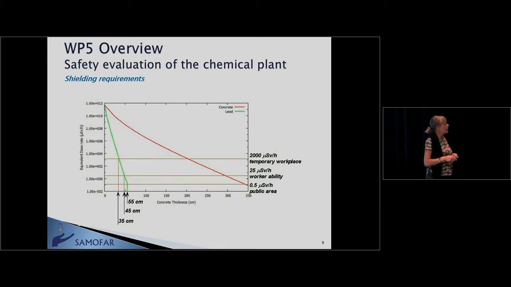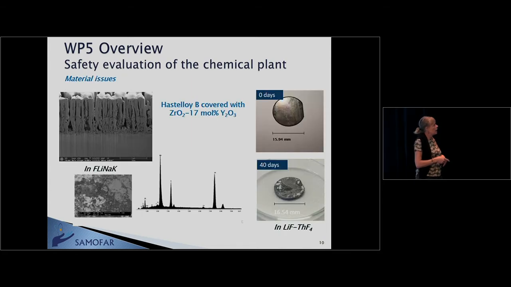To reach the public area limit, we need 350 centimeters of concrete or 55 centimeters of lead. These calculations have been made in all the places of the chemical plant, and are given in deliverable 5.3.